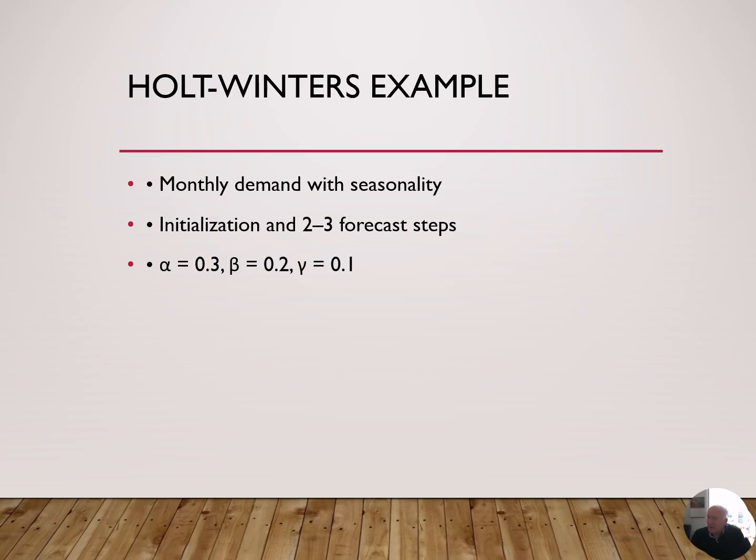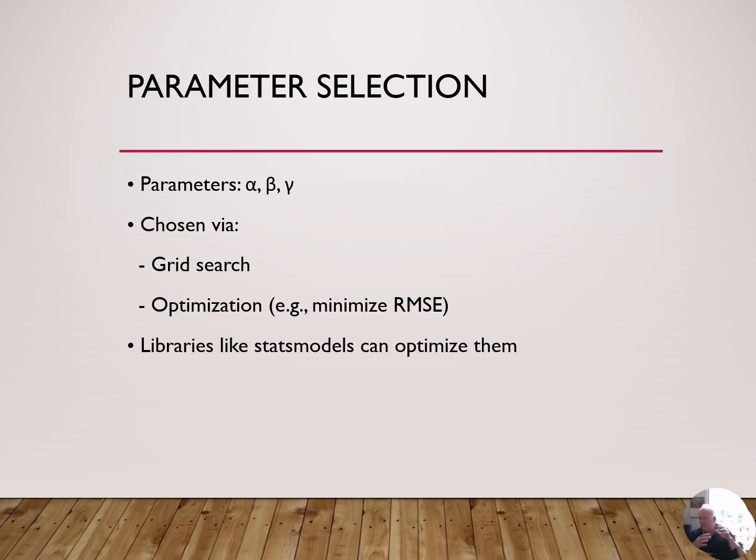So for example, we could have monthly demand with seasonality, and we initialize with 2 or 3 forecast steps, and we set alpha equal to 0.3, beta equal to 0.2 and gamma equal to 0.1. These parameters, alpha, beta, and gamma, are chosen via a grid search or an optimization, and most of the libraries that we can use will optimize them for you.